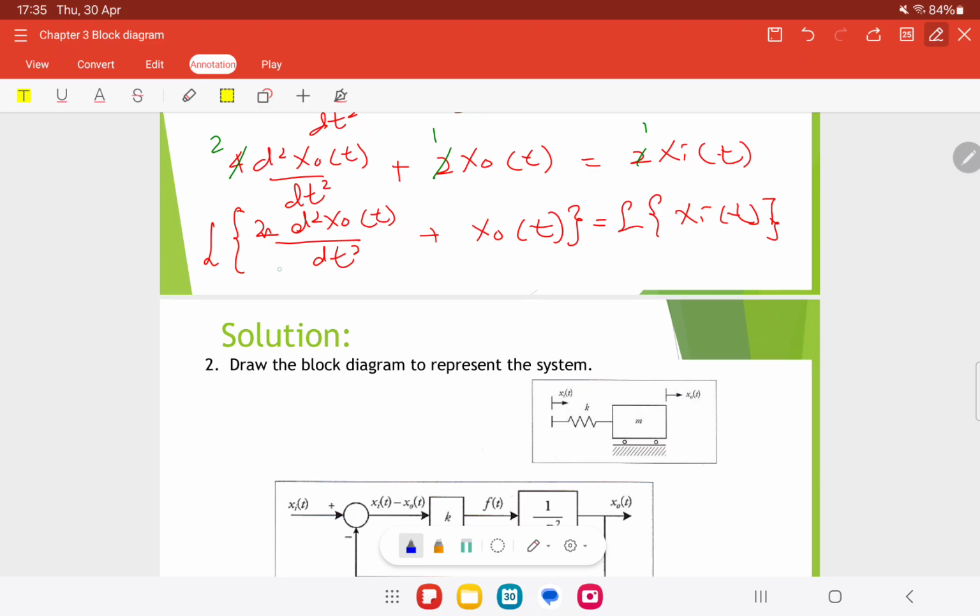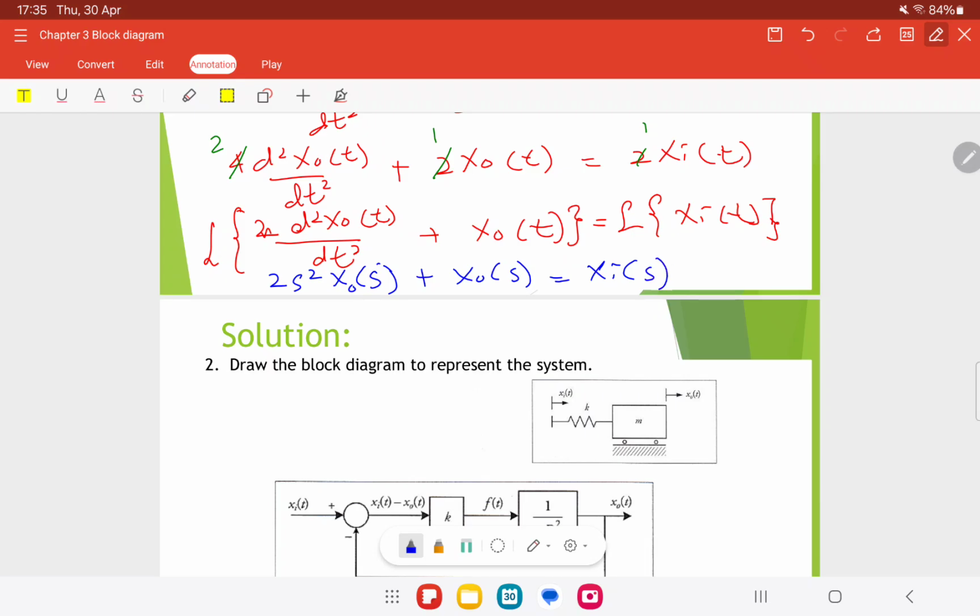We will have 2 s square x naught(s) plus x naught(s) equivalent to xi(s).